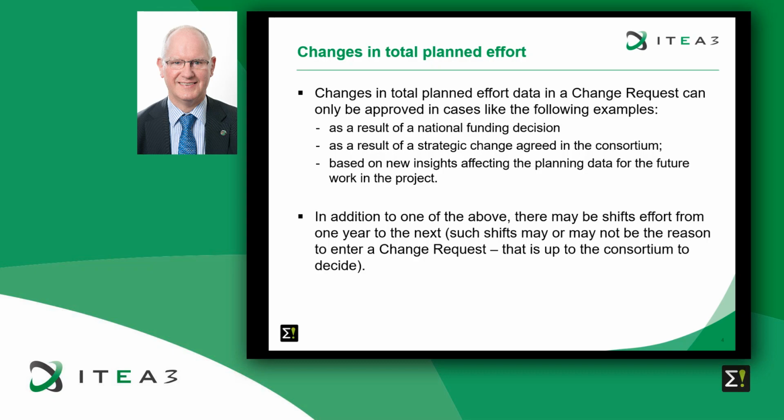But please take care that all these changes in effort are in line also with the cost. In addition to one of the above, there may be shifts of effort from one year to the next. Such shifts may or may not be the reason to enter a change request. That is up to the consortium to decide.